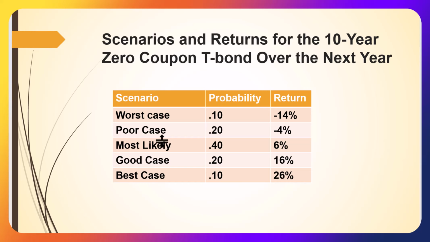So if we have the most likely or an average kind of an economy, we're saying there's a 40% chance that I will receive a 6% return on my investment. In the very best case, there's a 10% chance that I actually would receive a 26% return on my investment.